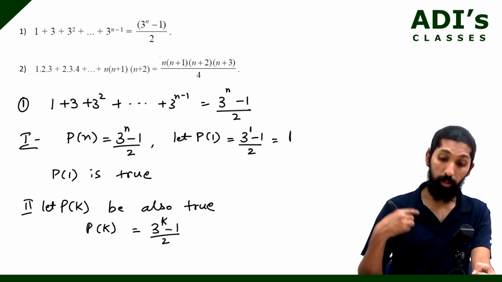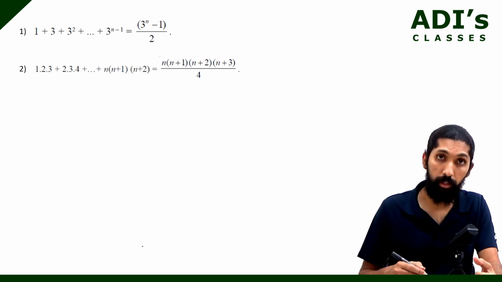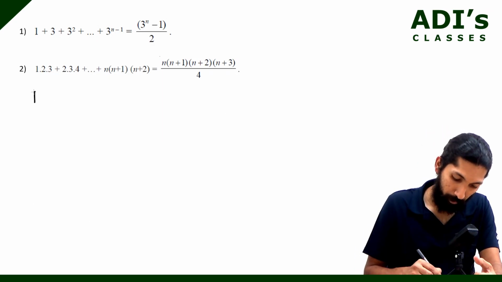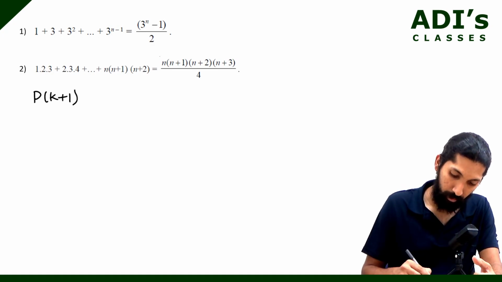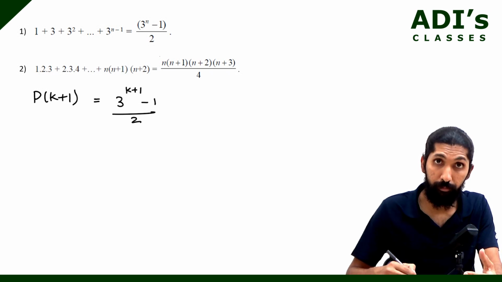Correct? Now, we'll go for P of k plus 1. For P of k plus 1, P of k plus 1 is equal to (3 power k plus 1 minus 1) divided by 2. Correct? This is what we need to prove.